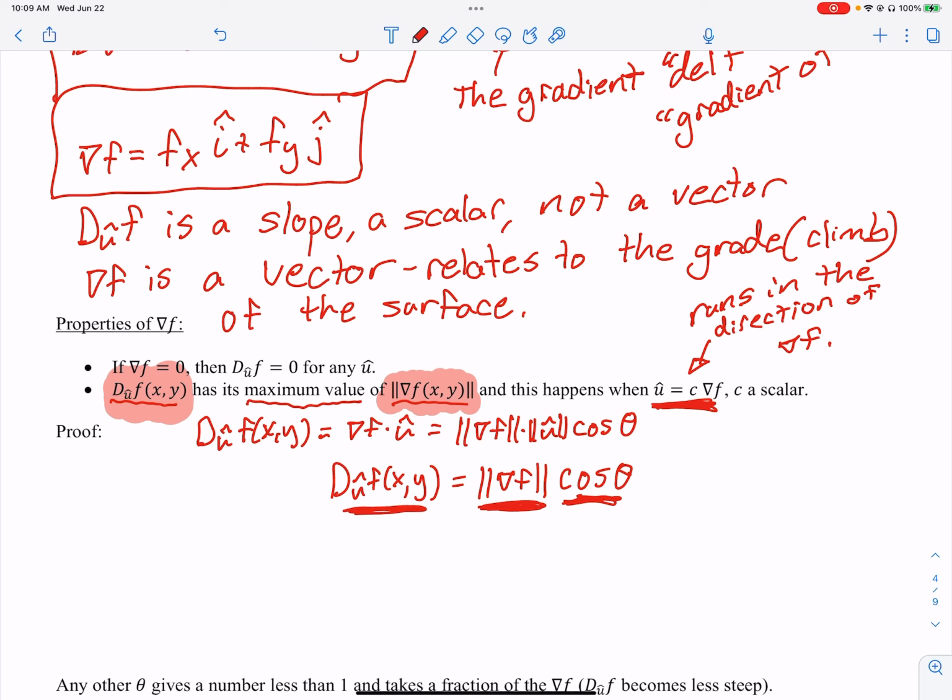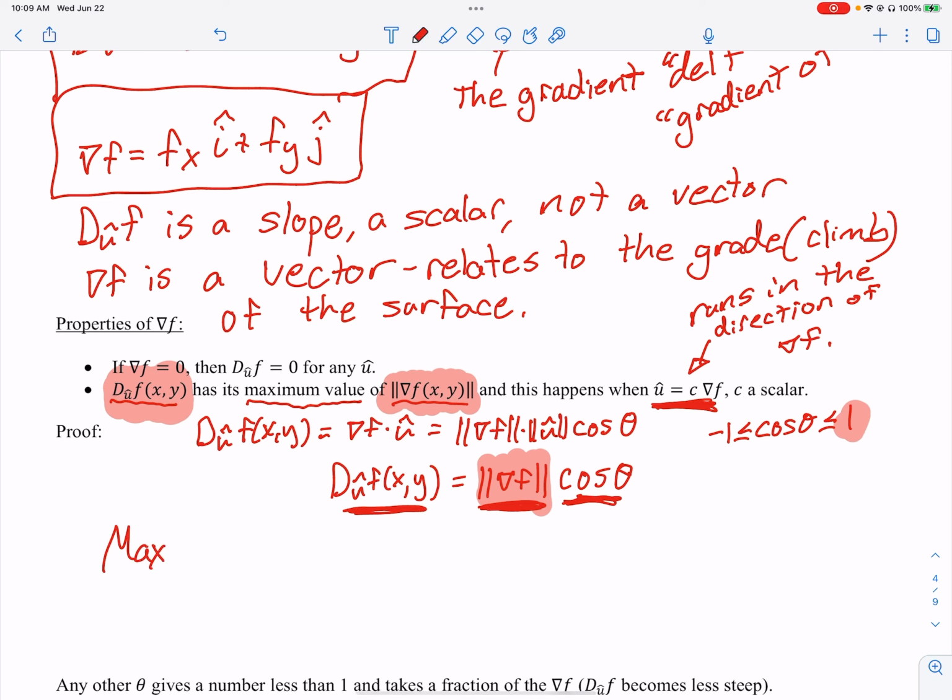Okay, here's the deal with that cosine. Remember that cosine is stuck between -1 and 1. So what that means is that this derivative, because this part isn't going to change, that's just a constant, that's the magnitude, is going to get its biggest value when cosine is 1. It's going to get its smallest value when cosine is -1. So we're going to write a statement for that.